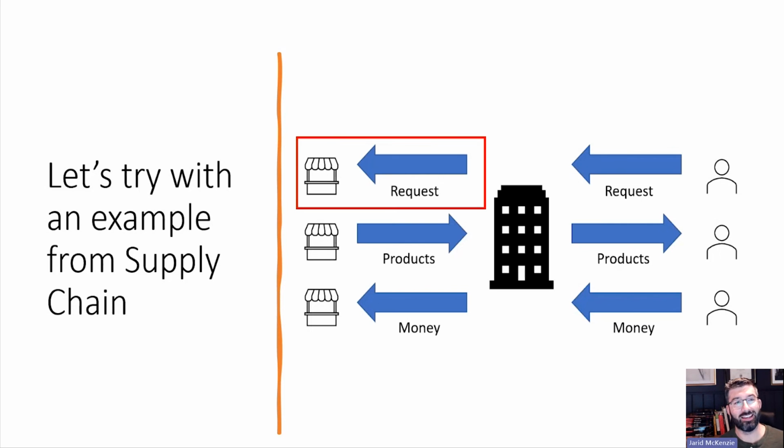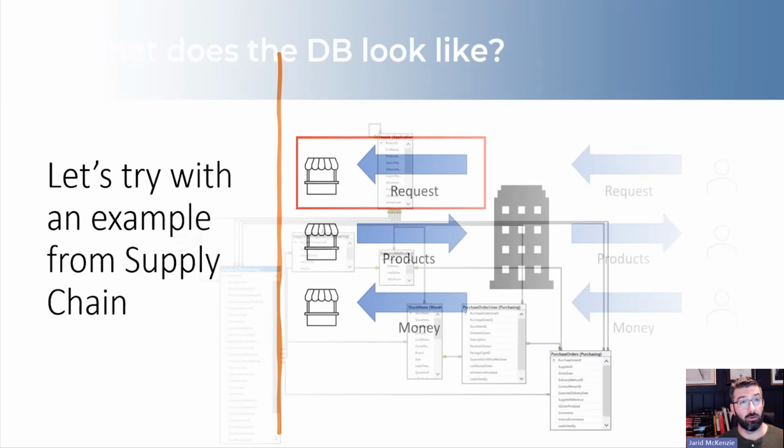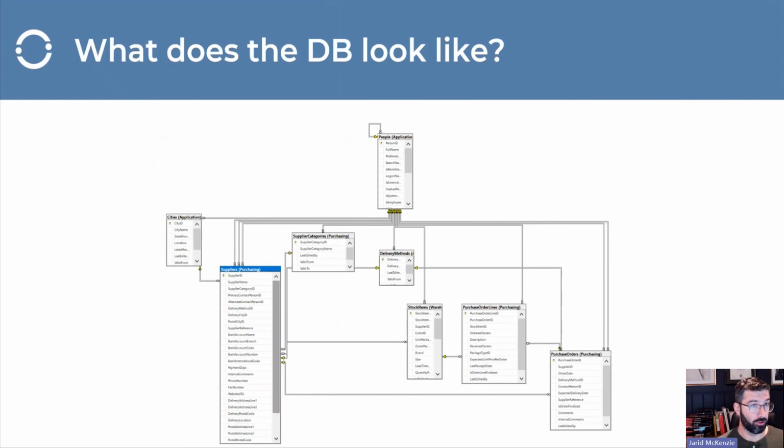So we're going to just take a single request or a single process in here and model it for analytics. Now, the underlying database in Wide World Importers has a lot of different tables with lots of different relationships that make up the underlying model. There's purchase orders, there's purchase order lines.